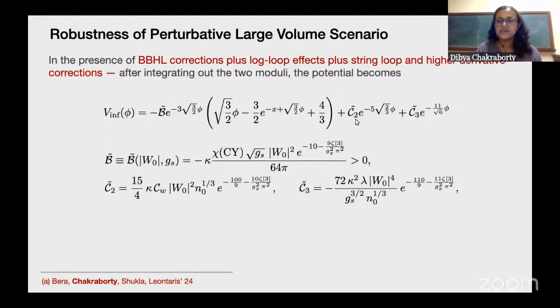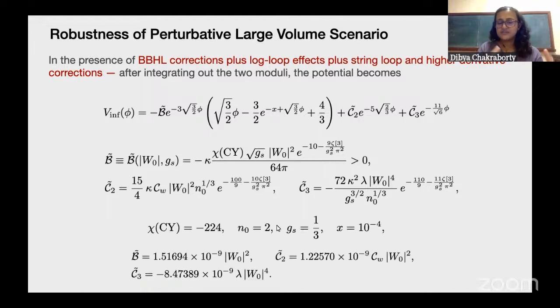And this B, C2 and C3 all depend on this GS and W0. Those are the two main free parameters in our potential. Giving them some values, we can see that we are still in the weak coupling regime. This is the Euler characteristic, and this X is one important parameter.